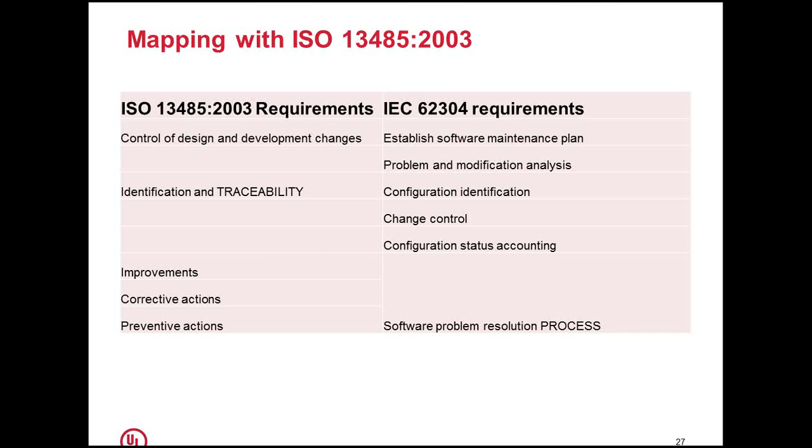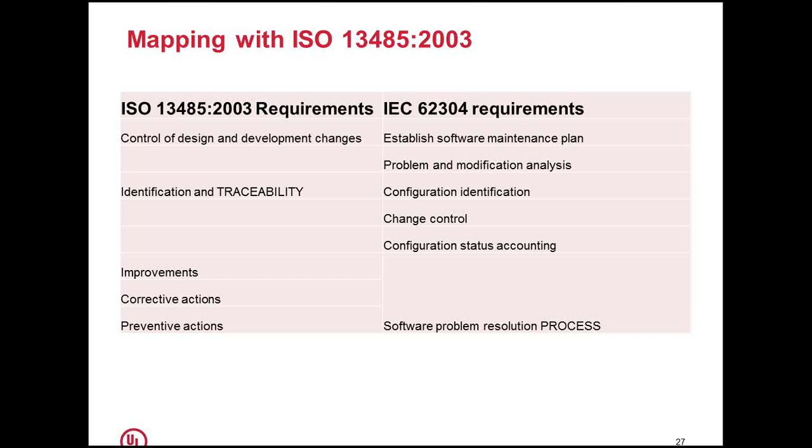How we are going to do that is we need to establish a maintenance plan, and we need a clear configuration control which is linked to the identification and traceability of the product. So you need to have the configuration control in place. And in the quality management system, we saw we need to take feedback and take actions to maintain an effective system.